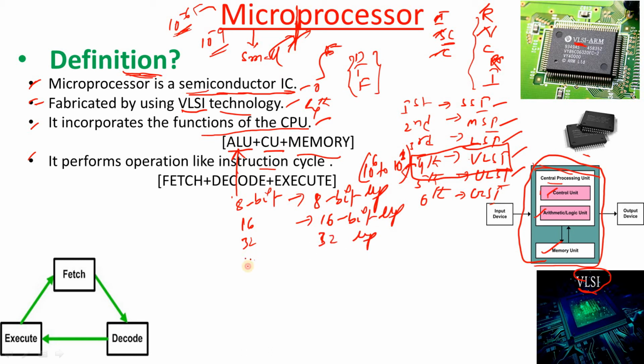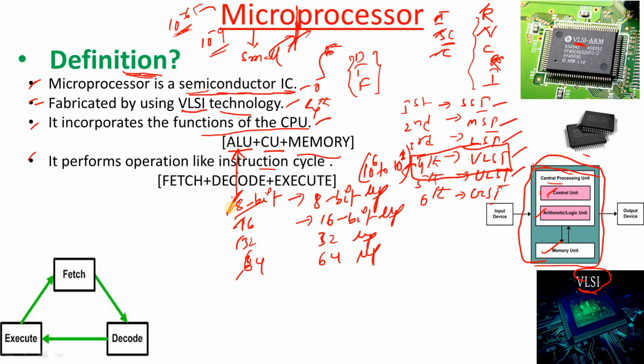If it is a 64-bit ALU, you can simply say it is a 64-bit microprocessor. In an 8-bit microprocessor, at a time with the help of the ALU, we process 8 bits of binary information. If it is 16-bit, we process 16-bit binary information at a time. Same for 32 and 64.